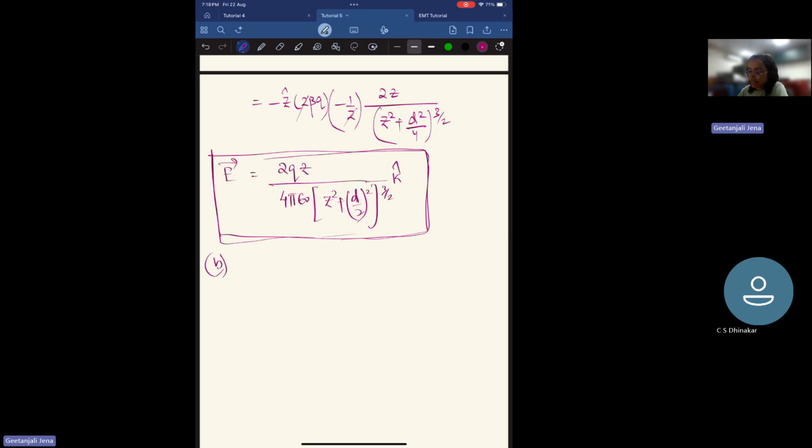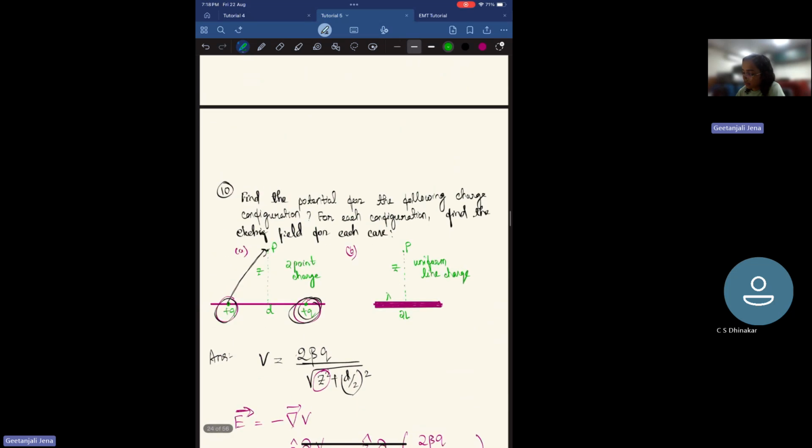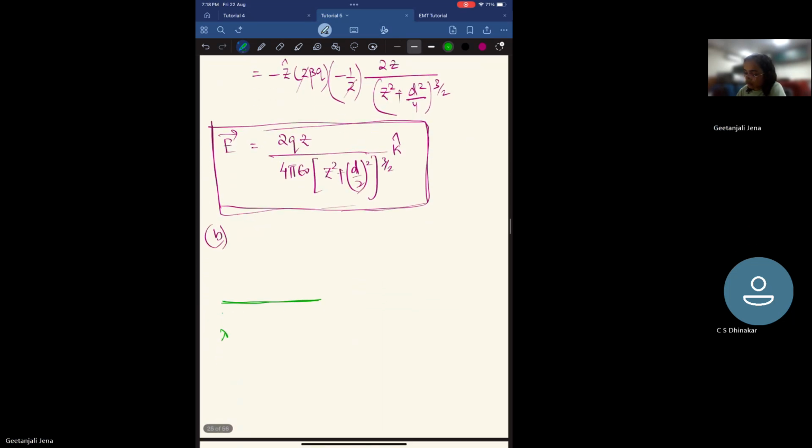For the second case, it's a continuous charge distribution of lambda. And I think the distance was the same. You need to calculate the field at the distance z, and the length here is 2a.